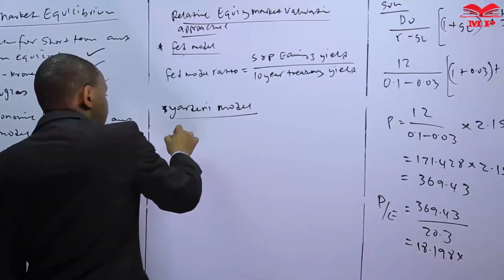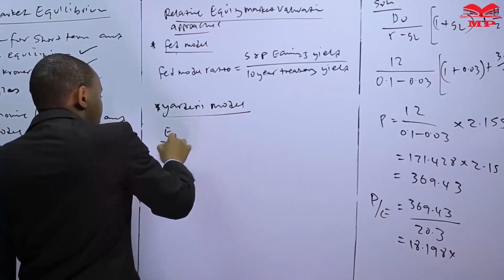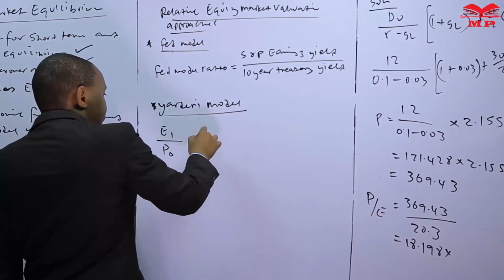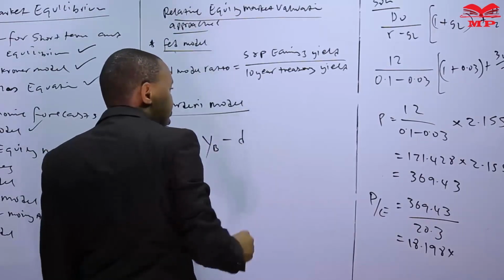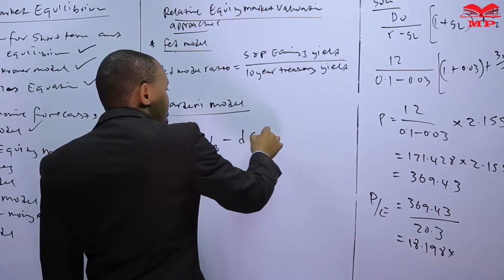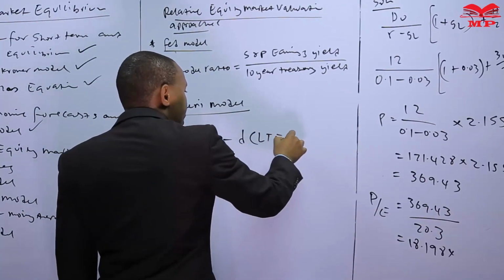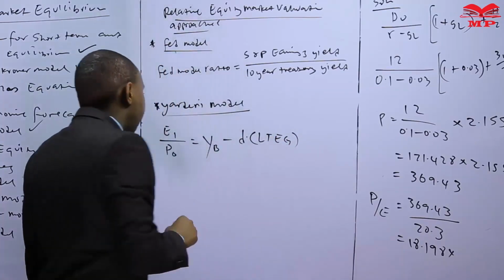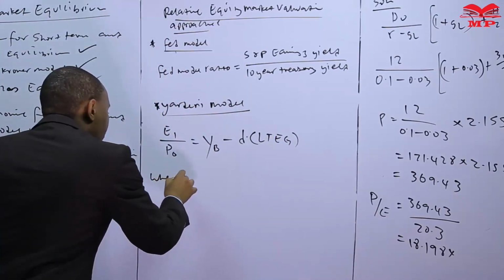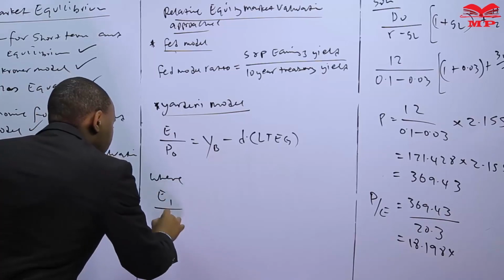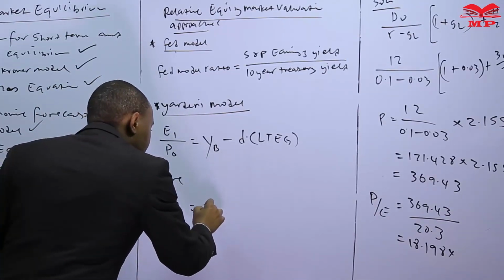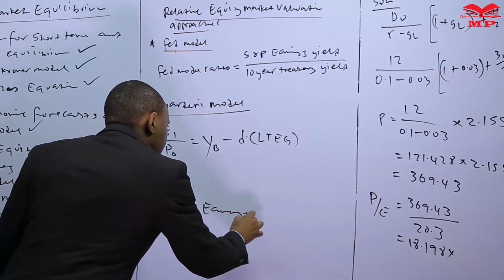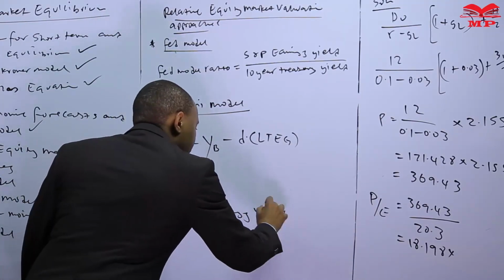So we're saying the earnings yield E1 over P naught is given as YB minus D times L tag, where D represents a weighting factor, and L tag is the long-term earnings growth component, and E1 over P naught is the earnings yield.